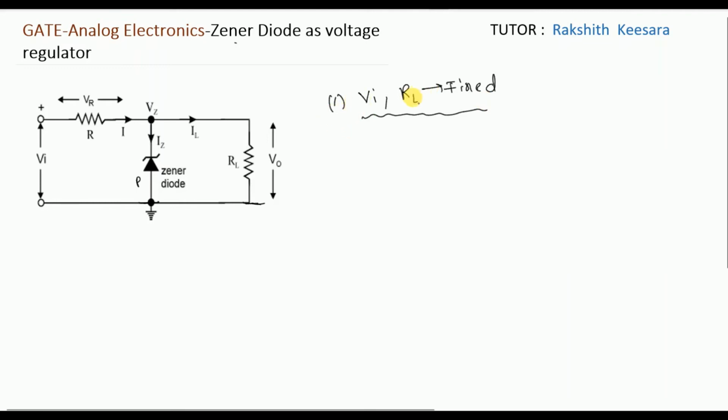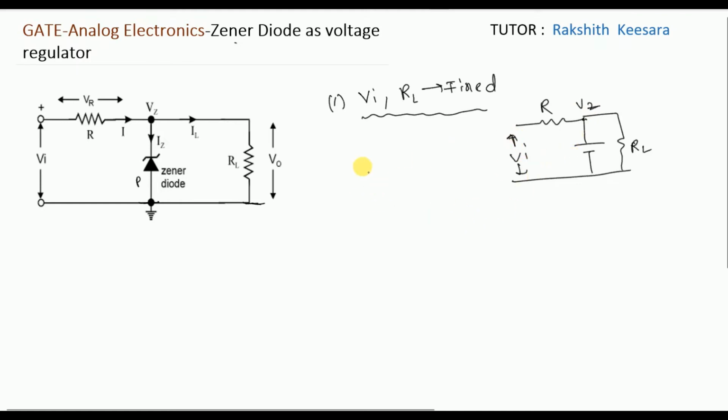See, Vi and RL are fixed and Zener is in the breakdown region. So what is the equivalent circuit? This is the equivalent circuit: R, RL, Vi, this is Vz. Now, what will be the input current?